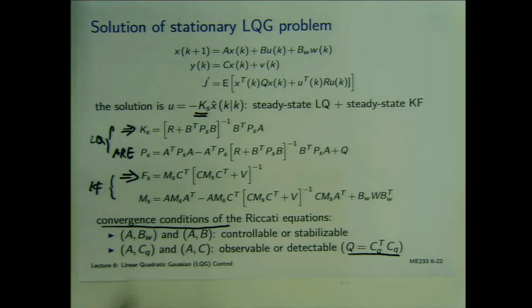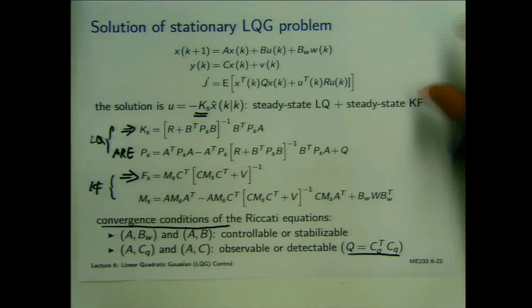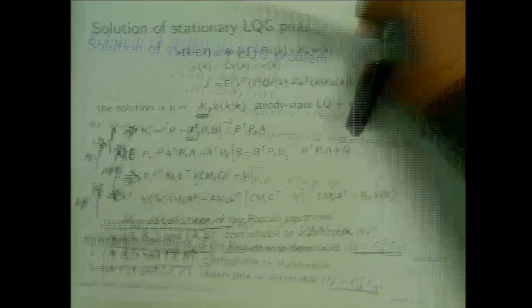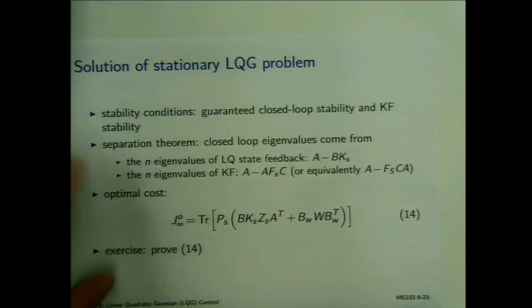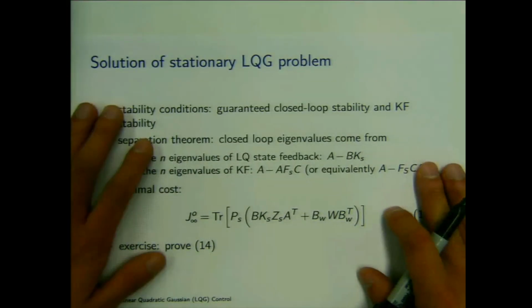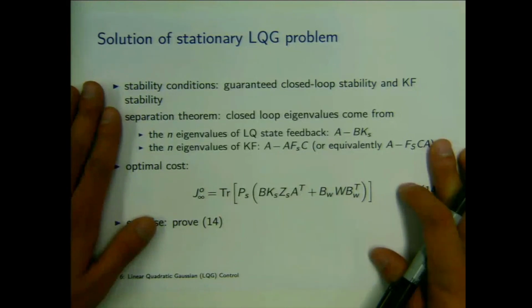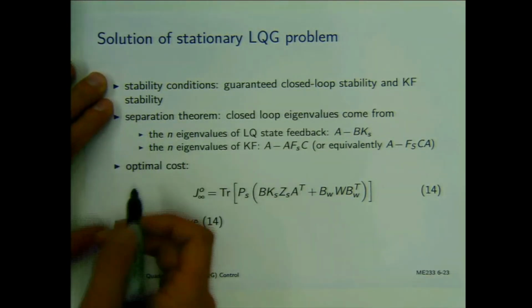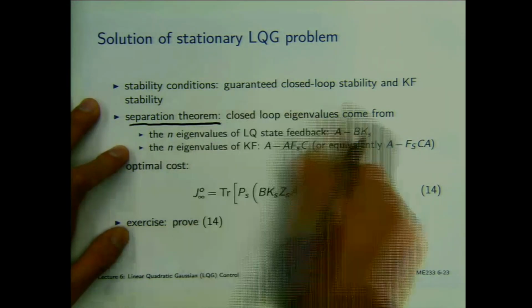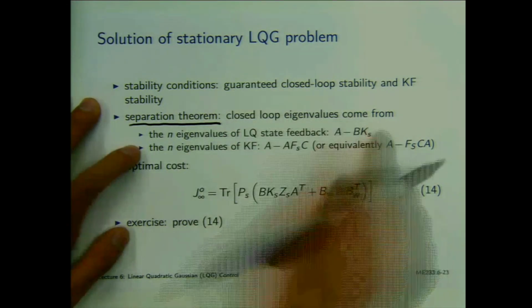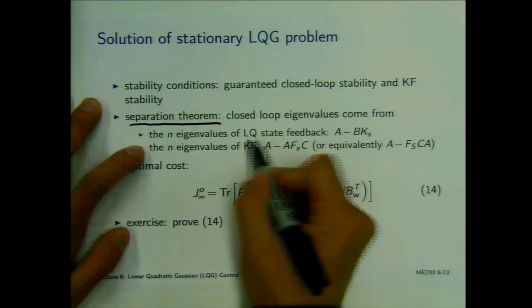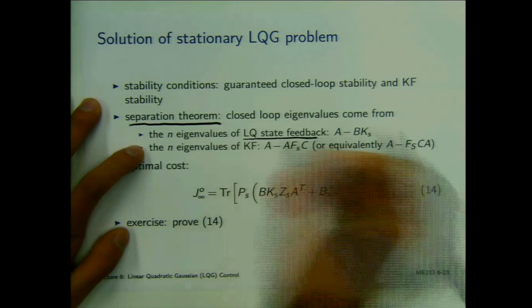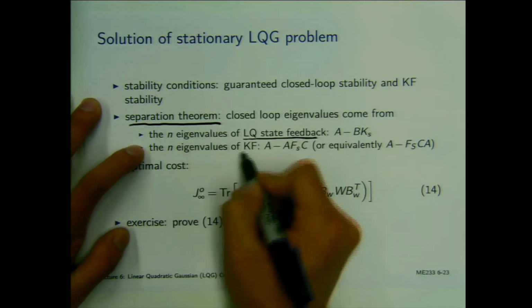Under these steady state assumptions, you know that the Kalman filter will converge to a steady state, and the Kalman filter dynamics is stable. Also, the LQ will converge to a steady state LQ, which is also stable. Now, the separation principle comes to take a role here. The separation principle says the closed loop eigenvalues come from the eigenvalues of the LQ feedback and the eigenvalues of the Kalman filter.